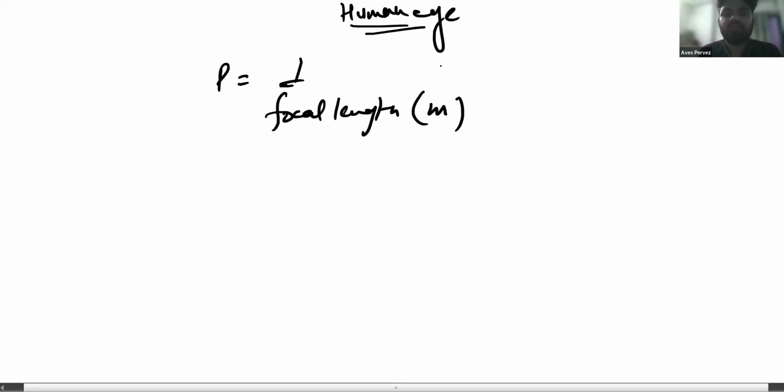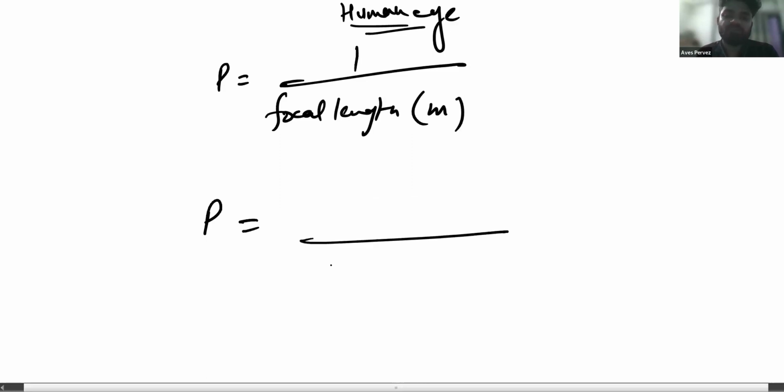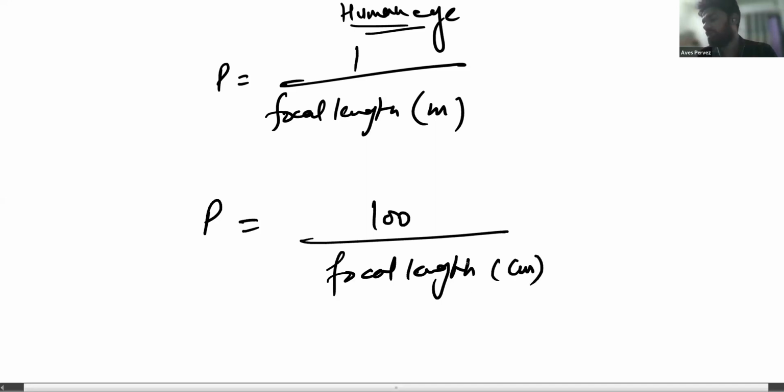And if it is in centimeter, then it should be 100 upon f. So the power of the lens is 100 divided by the focal length if it is in centimeter. Okay, got it? You understood? Yes, sir.